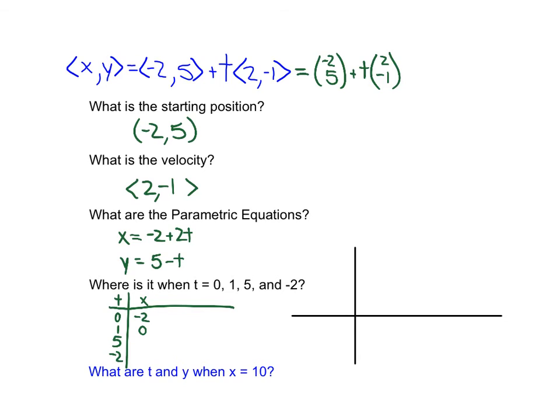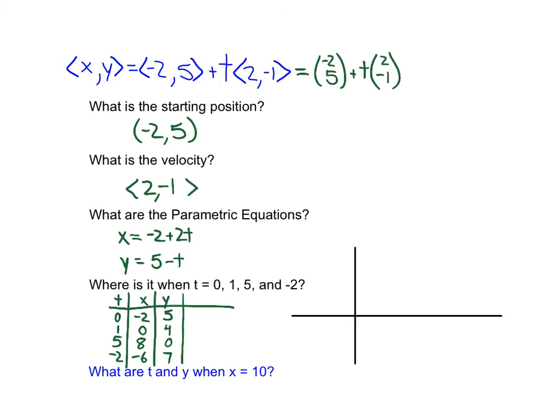Negative 2 plus 2 times 5, negative 2 plus 10, is 8. And negative 2 plus 2 times negative 2 is negative 2 minus 4, which is negative 6. So those are all the x coordinates of these points. For the y coordinates, I'm just doing 5 minus the time. So 5 minus 0 is 5, 5 minus 1 is 4, 5 minus 5 is 0, 5 minus a negative 2 would be 7.